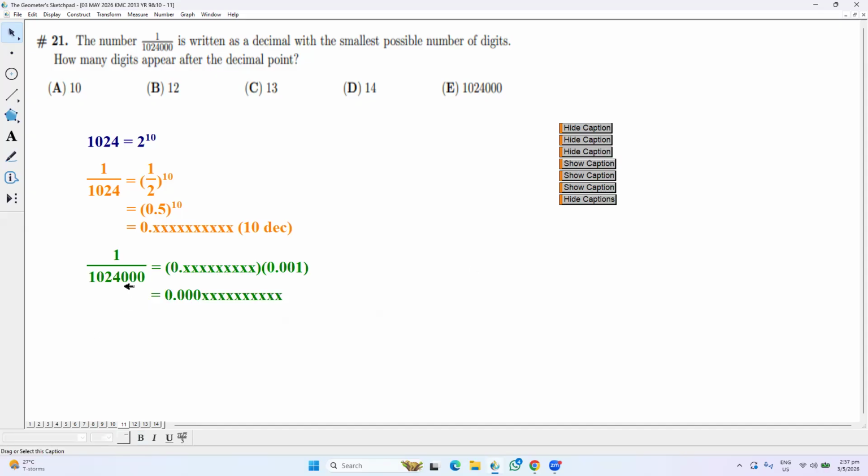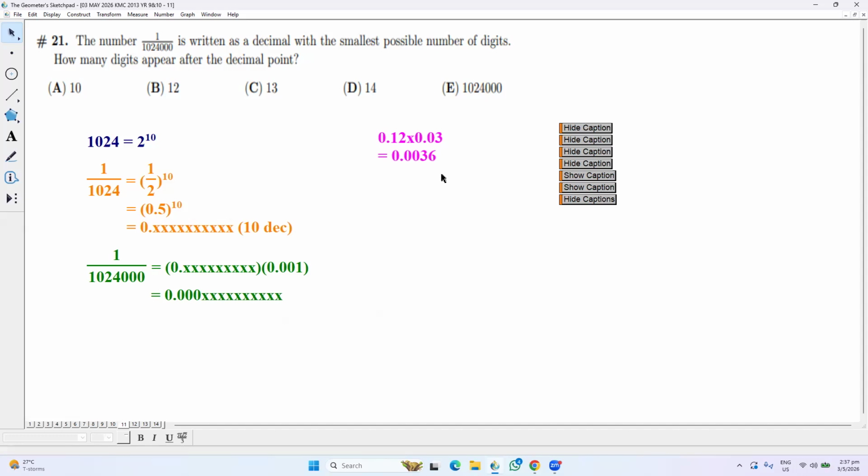Then we must multiply by 0.001, which is 1 over 1,000, so 3 more zeros in front. 10 decimals and 3 decimals make 13 decimals. For example, 2 decimals times 2 decimals is 4 decimals.